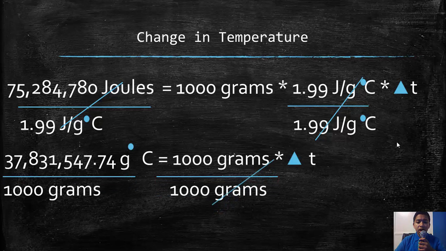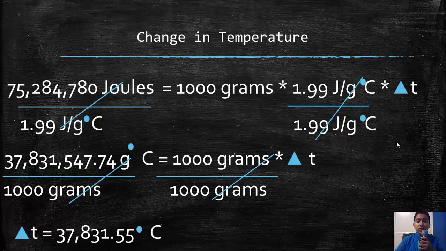We can cancel out the units of grams on both sides. Then we're left with delta T equal to 37,831.55 degrees Celsius.